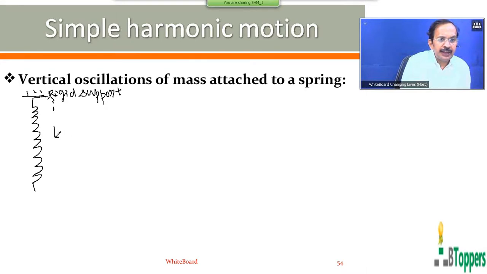Let L0 denote the natural length of the spring. That means L0 represents the length of the spring when no stretching force is applied at the free end of the spring.